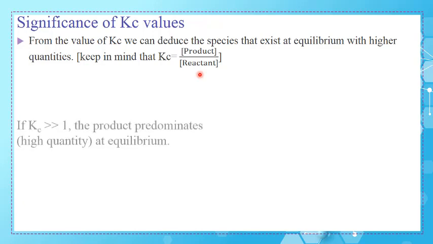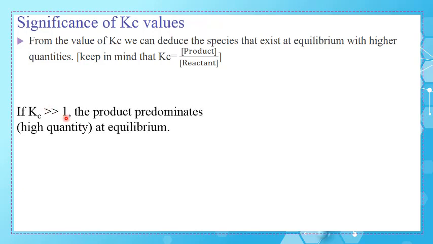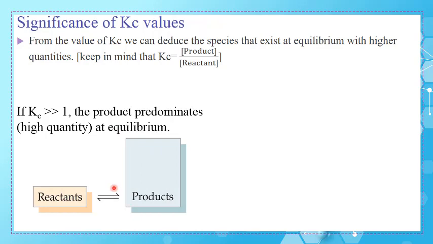Now, if Kc is much greater than 1, look at this fraction. It means the numerator, which is the concentration of the product, is much higher than that of the reactant. We say that the product predominates. It means it exists in high quantity at equilibrium. So although we are at equilibrium, the quantity of the product is higher than that of the reactant.